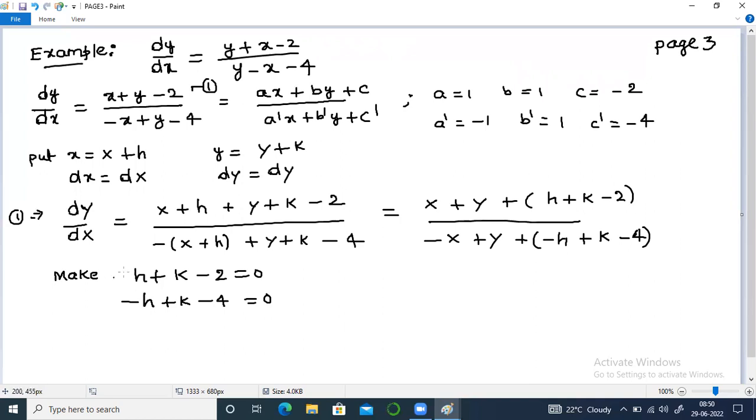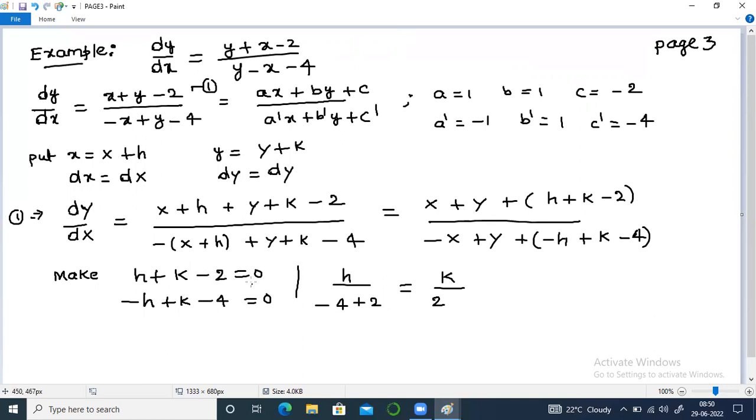By using the method I have taken, h over, if you do the same thing I have done, 1 into minus 4 minus 4 minus 1 into minus 2, it means plus 2, k over, so minus 2 into minus 1, so plus 2.